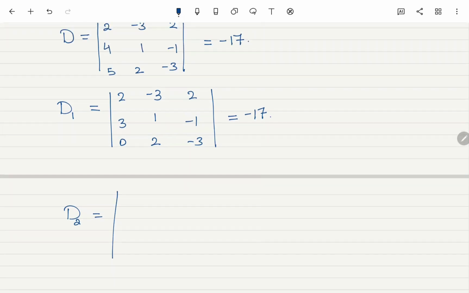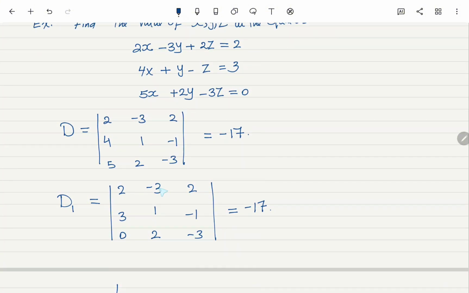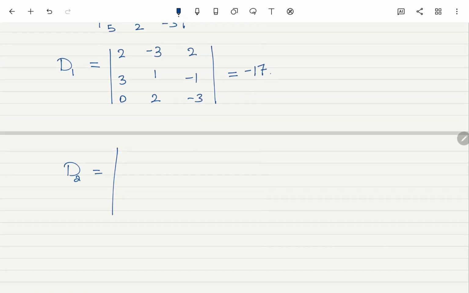Now let's calculate D2. Rather than the second column, we should place 2, 3, and 0, and keep the determinant as is. So it will be 2, 2, 2, 4, 3, minus 1, 5, 0, minus 3, and the value for this second determinant equals minus 34.